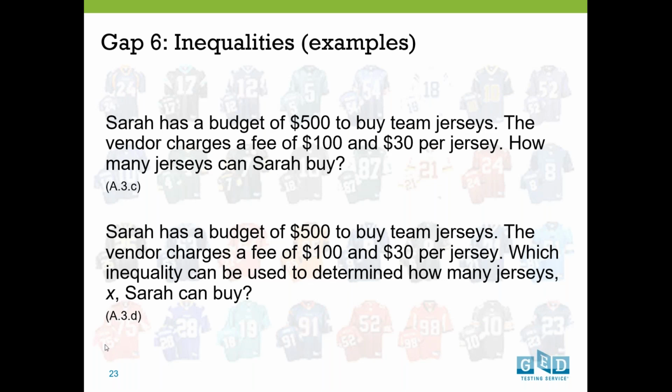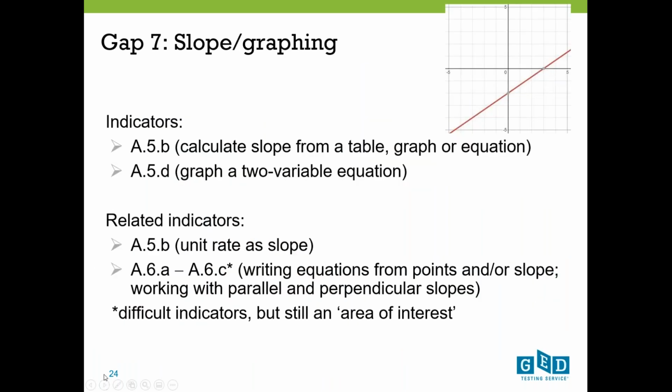That goes back to what I was saying: they have to understand the concepts, the meanings of the symbols of inequality. Otherwise, they're going to be down to guessing or using faulty knowledge when figuring out which inequality represents that particular situation. Next slide, please, Susan.